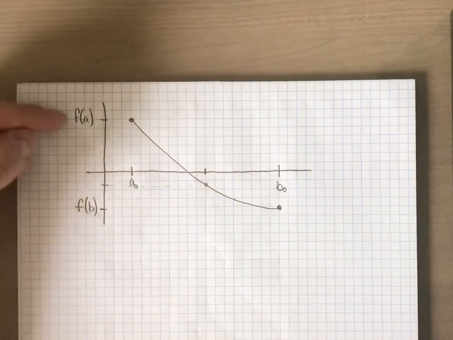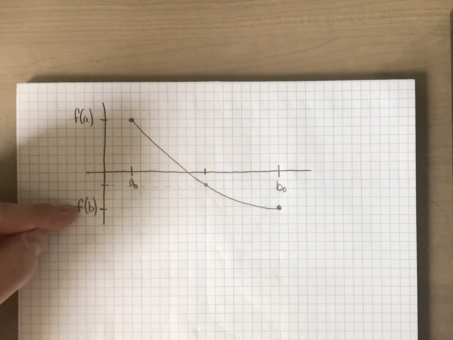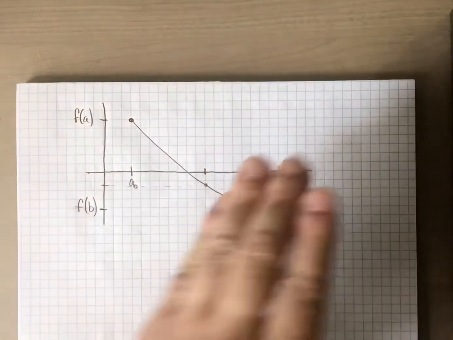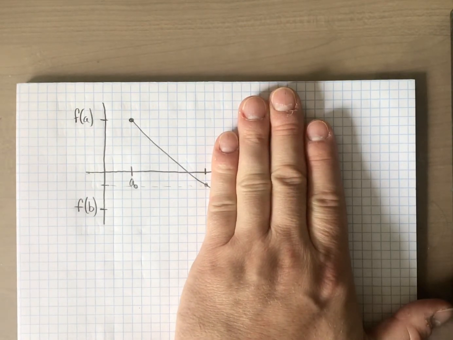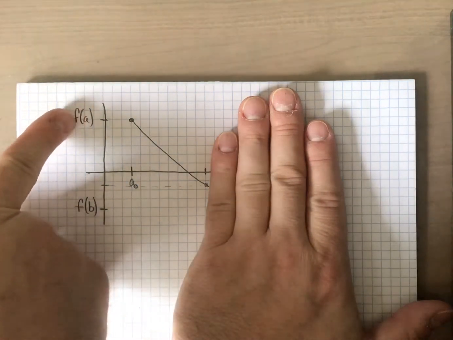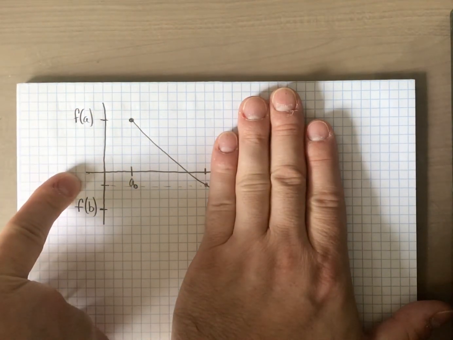When we began, we had one endpoint above the x-axis, positive, and one endpoint below the x-axis, negative. In this case, the left half of this interval has that same characteristic, and that is where the x-intercept is. Because, again, we go from above the x-axis to below the x-axis.